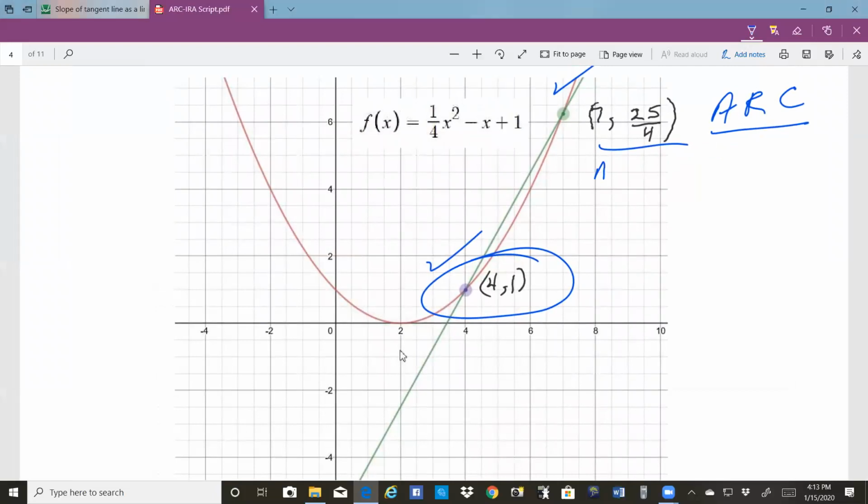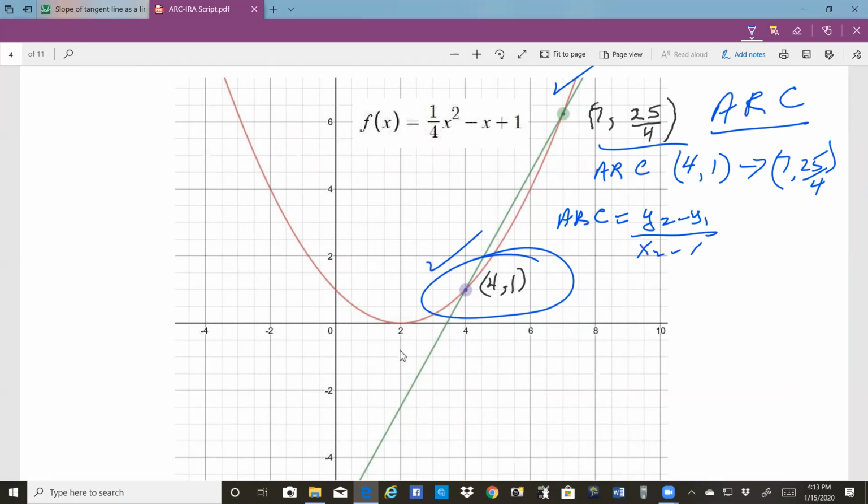We want the average rate of change from (4, 1) to (7, 25/4). And the average rate of change is going to be y2 minus y1 divided by x2 minus x1, which is the same as f of x2 minus f of x1, divided by the difference in the x values.